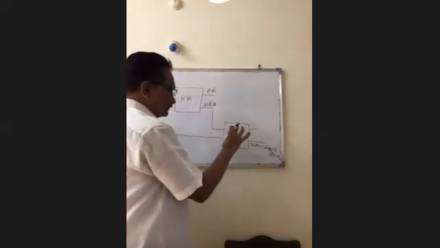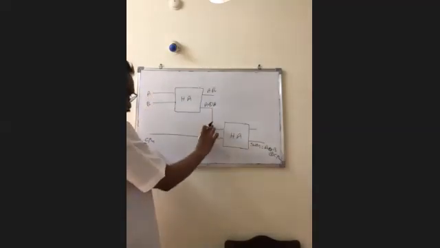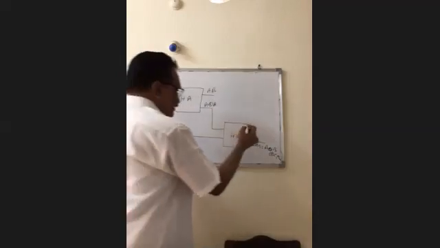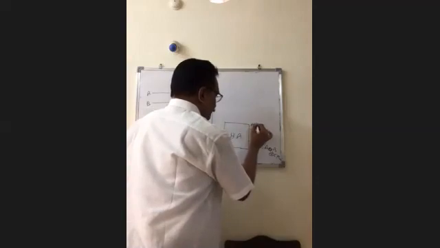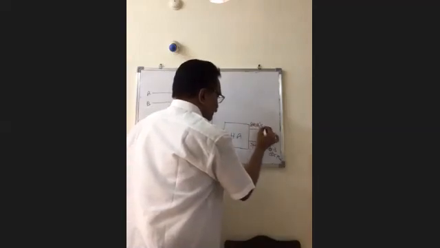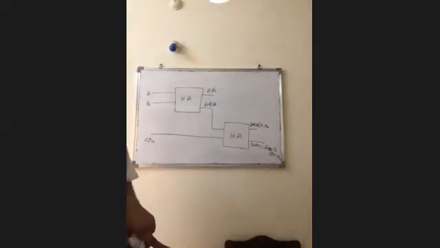For a half adder, it is the product of the two inputs, so here it is A exclusive OR B, multiplied by Cin. That is the carry output of the second half adder.